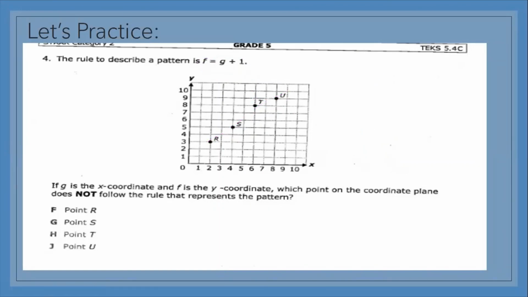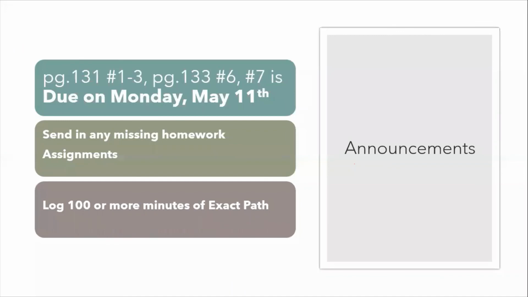So the last thing we're going to do is our announcements. Page 131, number 1 through 3, and page 133, number 6 and number 7 is due on Monday, May 11th. This is the first time you've submitted 2 separate pages at one time. So make sure you take a picture of both of those pages for us, okay?